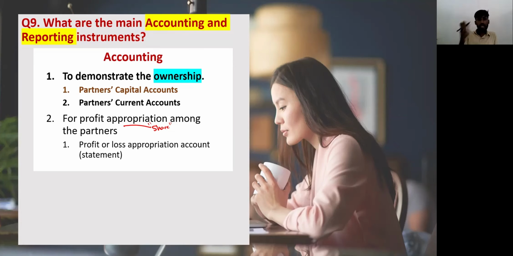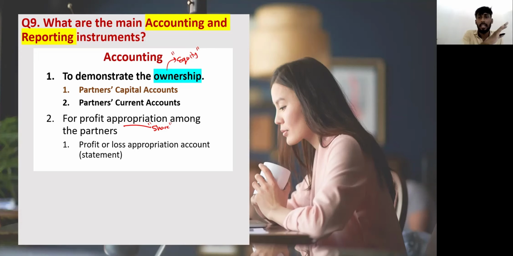To demonstrate the ownership, that means to demonstrate what? Ownership means the equity. To demonstrate the equity and the profit appropriation among the partners, we use accounting related instruments.